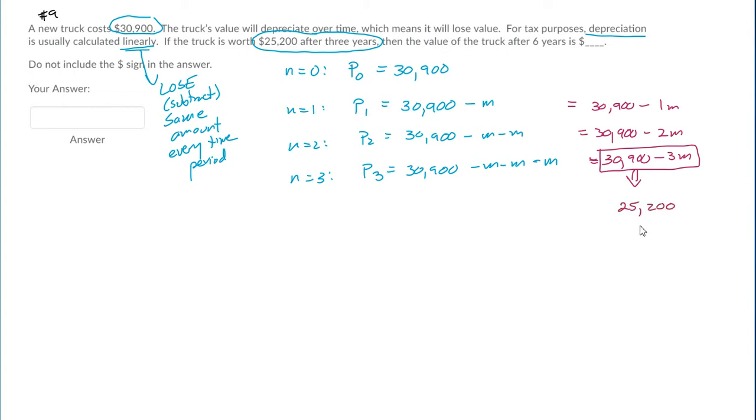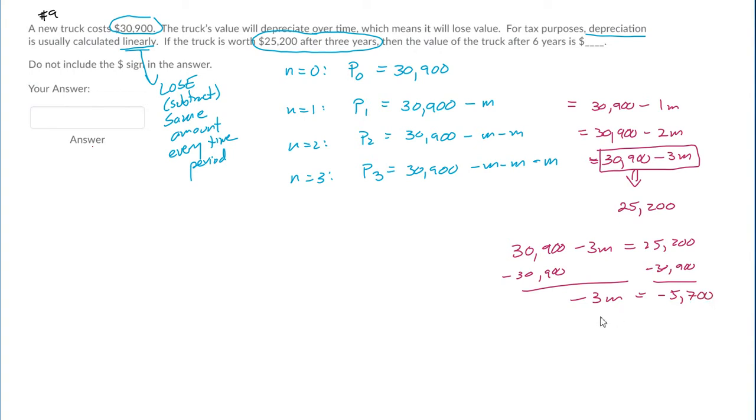So now can I use this to solve for what m is? Sure. I know that my 30,900 minus my 3 m's is 25,200. So I can subtract 30,900 from both sides. So I have negative 3m is equal to, let me grab my calculator here, negative 5,700.